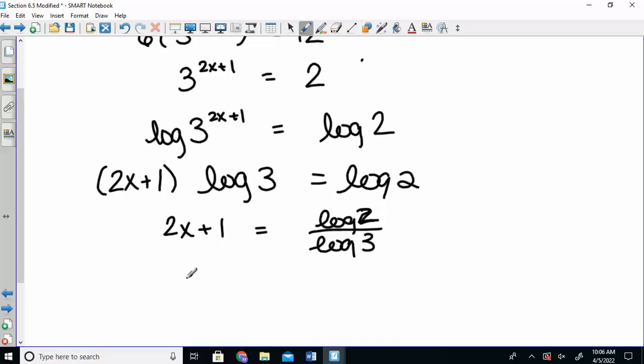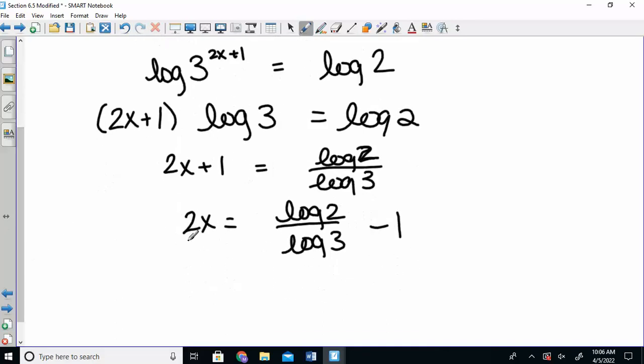and then what do we do? Subtract the 1. And then the final step would be, yeah, take that whole answer and divide by 2. All right. So I'm going to type in log 2 divided by log 3.